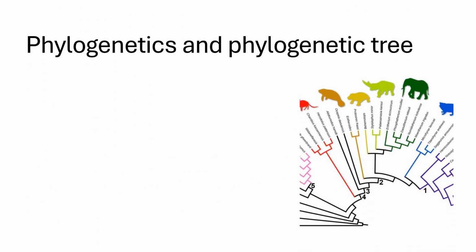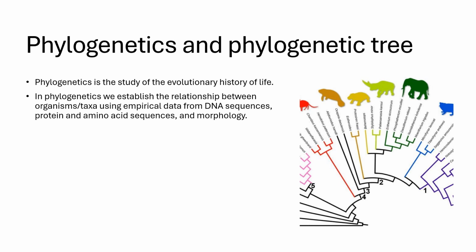Now let's come to the main topic of today, which is what is phylogenetics and what is a phylogenetic tree. Phylogenetics is the study of the evolutionary history of life. In phylogenetics, we establish the relationship between organisms or taxa using empirical data from DNA sequences, protein and amino acid sequences, and morphology. So, based on characters, now these are all characters that we just talked about.